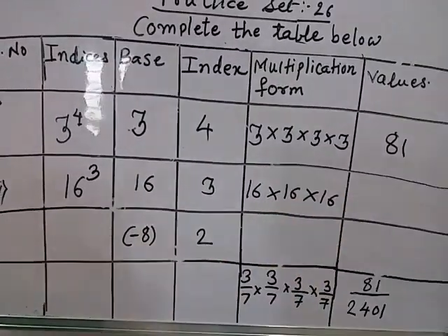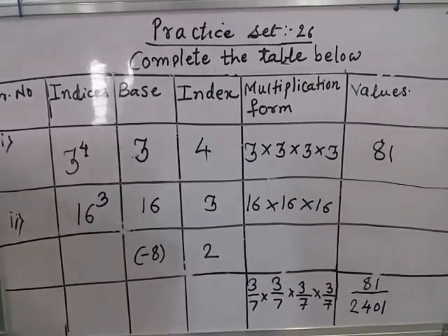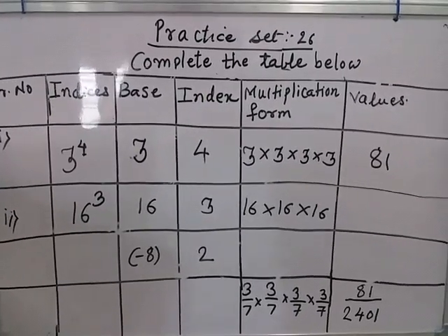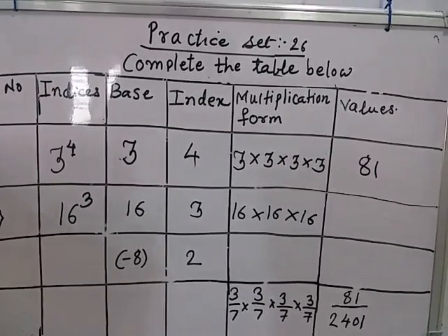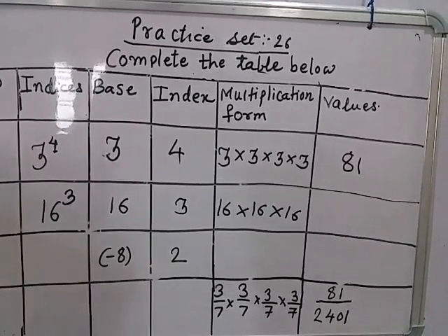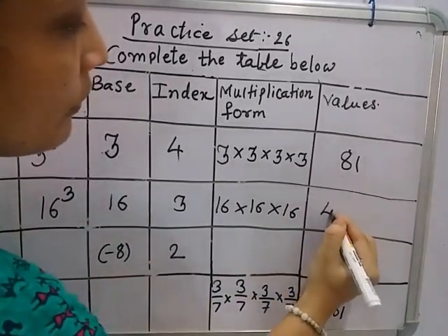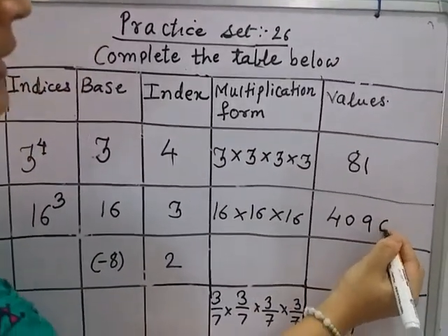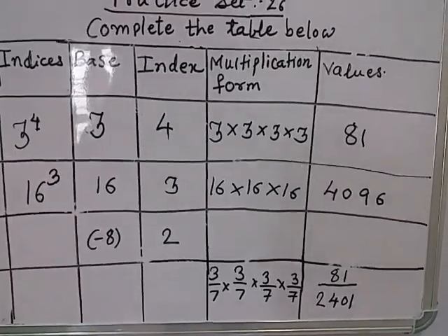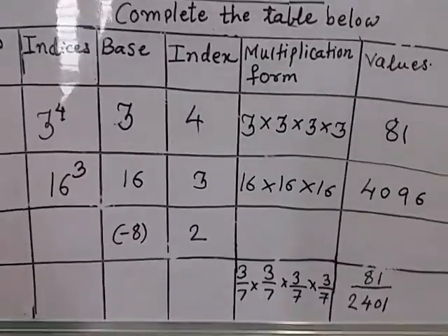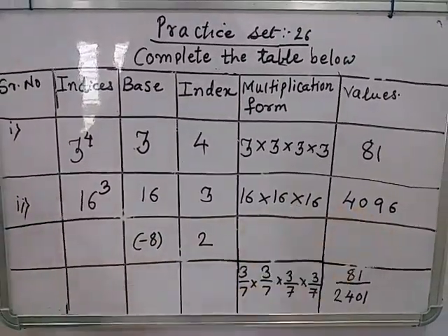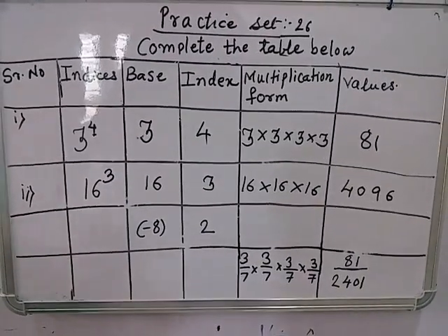What is it? 256. And then that you have to multiply by one more 16. So you are going to get the answer 4096. When you multiply 16 into 16 into 16, the answer we are going to get is 4096.